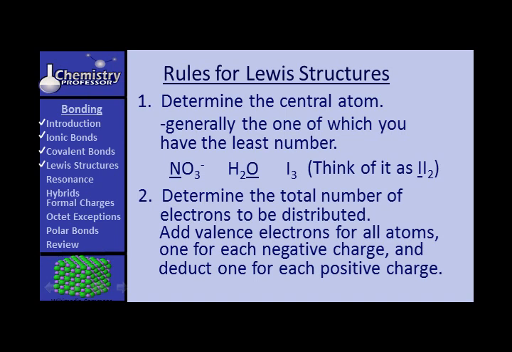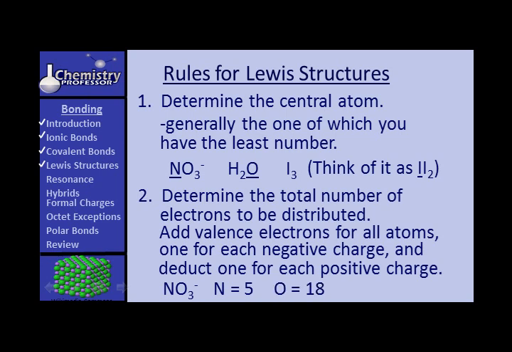Well, let's look at an example. Here's NO3 negative. What's the central atom? That's right, it's nitrogen. Okay, let's get the total number of electrons to be distributed for this. Let's start with the valence electrons for all of the atoms. Well, nitrogen has 5 valence electrons. What about oxygen? Oxygen has 6. And there are how many oxygens? There are 3, yeah.